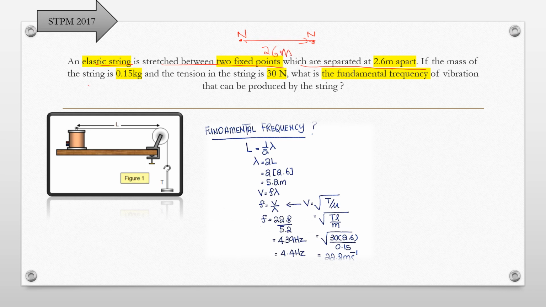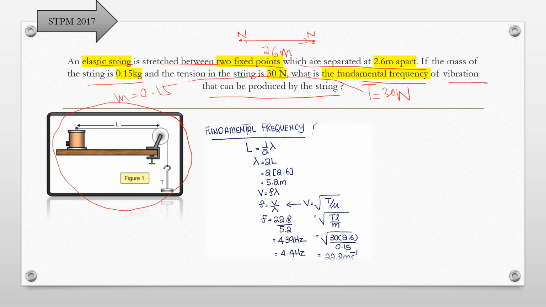If the mass of the string is 0.15 kg and the tension in the string is 30 Newton, find the fundamental frequency of vibration that can be produced by the string. We can illustrate the whole question like this. They ask us for the fundamental frequency. The first keyword is a string.